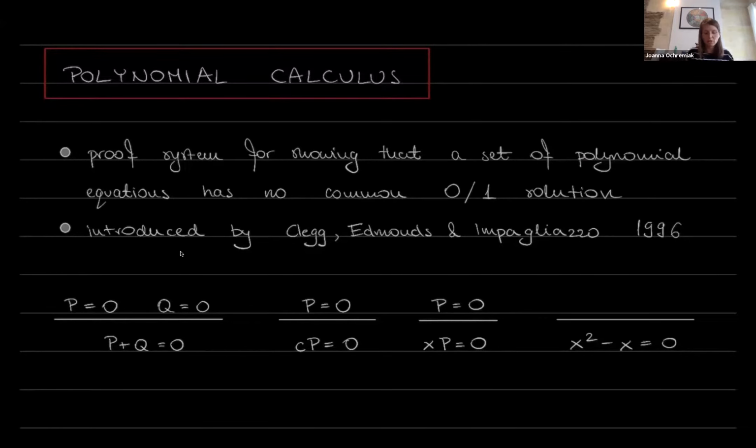When we have two polynomial equations like this, then we can derive their sum. If we have a polynomial equation, we can also multiply it by some scalar. We can multiply it by some variable. And since we are interested in 0-1 solutions, we can also always, for free, derive equations like this.